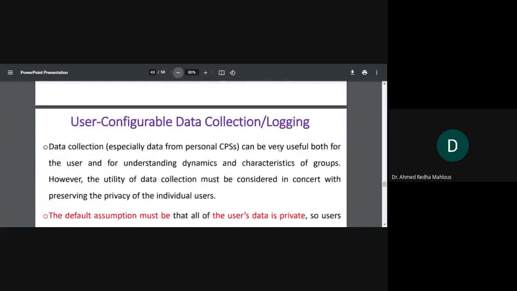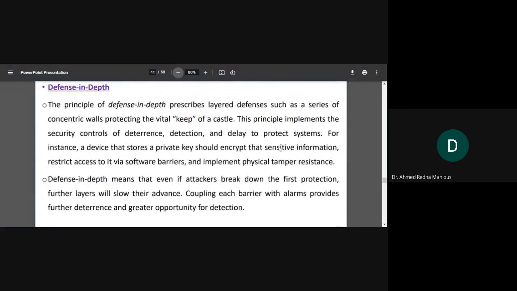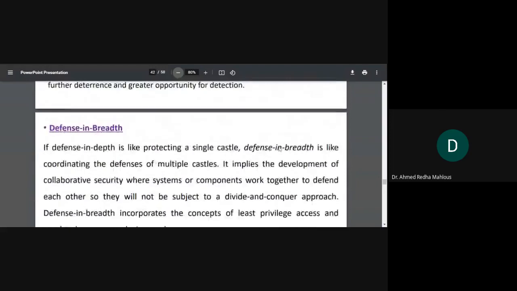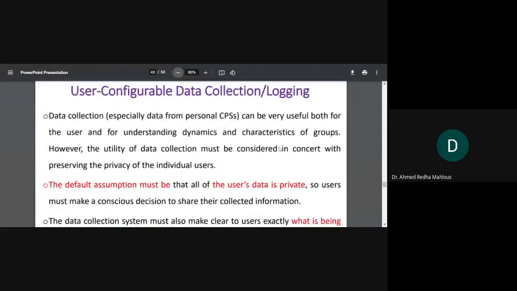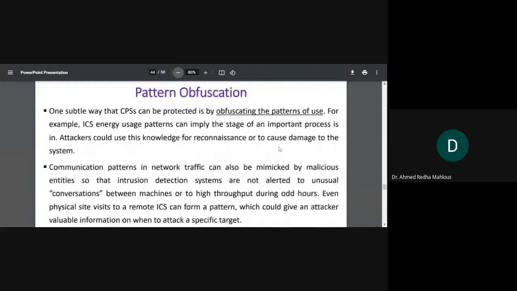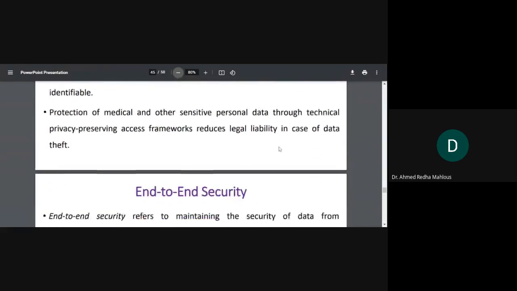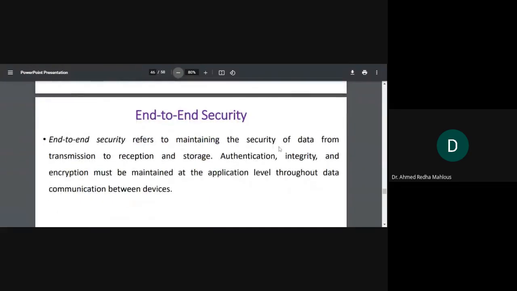Okay, we looked last time at the different types of prevention and defense, dimensionality, and we looked at user configurable data collection, logging, and pattern obfuscation. We gave some examples related to pattern obfuscation.